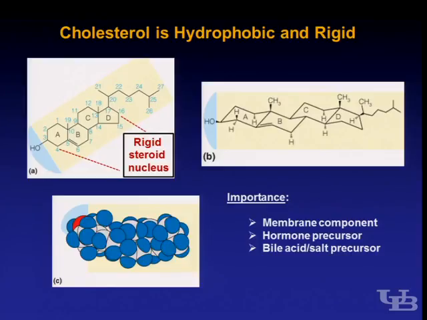This guy is just getting in there in terms of having amphipathic properties because of this hydroxyl group here. So hydroxyl here, there's a polar end, but the rest of it is very hydrophobic and very rigid. So we'll see how it gets incorporated into membranes and what effects it has on the membrane dynamics.